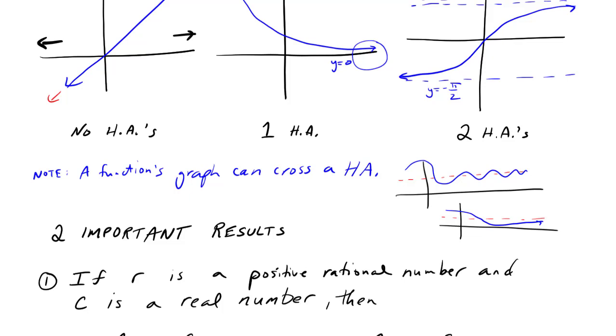So you can never cross a vertical asymptote, but you can cross a horizontal asymptote. I don't see it a lot, but it certainly can happen.